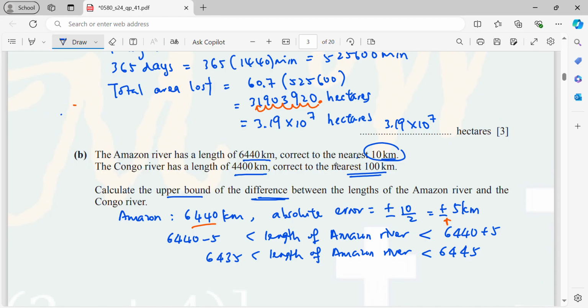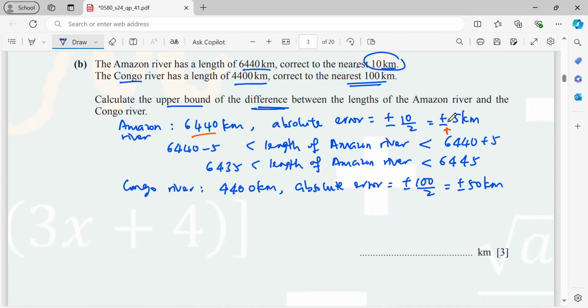Now same goes to the Congo River. Given 4,400 kilometers. So the absolute error, it is nearest 100 kilometers. So plus minus 100 divided by 2. This is going to be plus minus 50.